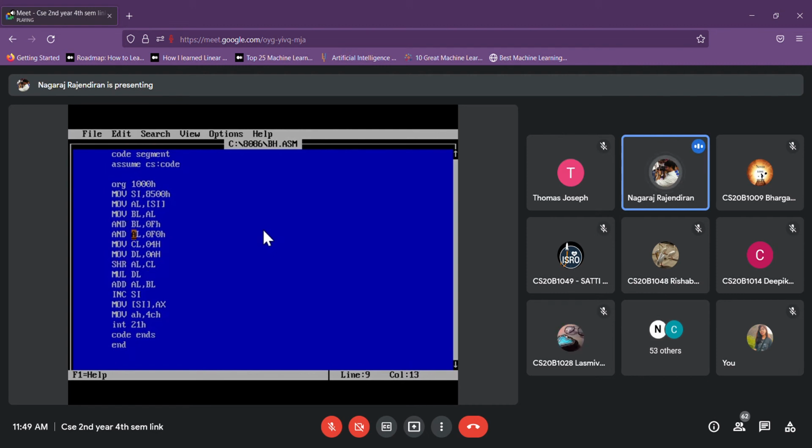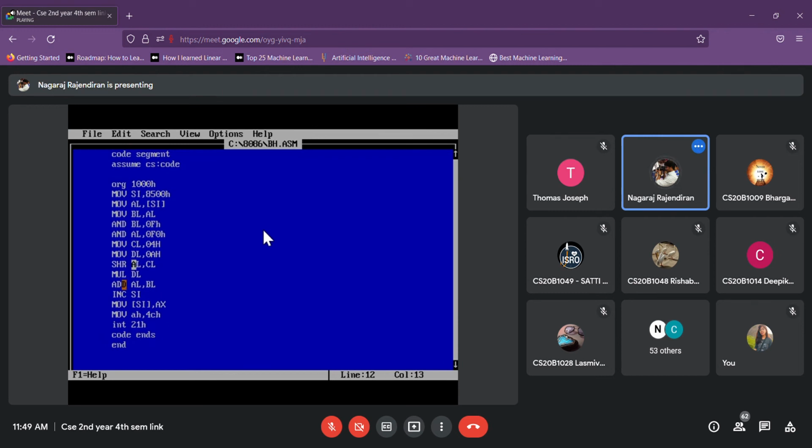Initially AL contains 50, CL contains 04. So SHR AL, CL means CL is 4, right? We are shifting the content of AL 4 times to get that value. Initially AL contains 50, and it will become 05.